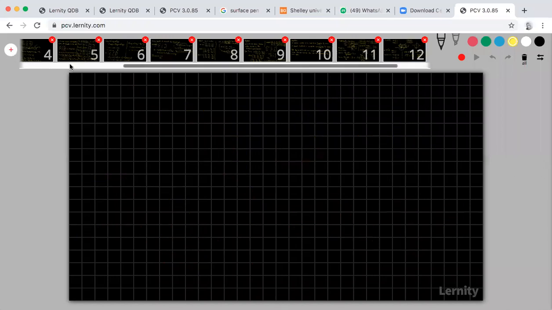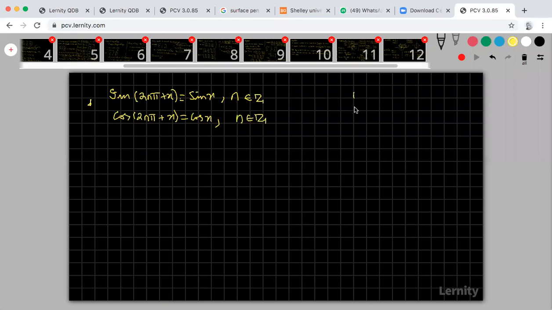Look at the next slide. So your note is sine of 2n pi plus x is again sine x, for n belongs to Z. Cos of 2n pi plus x is again cos x, where n belongs to Z. Okay, you please try to understand.